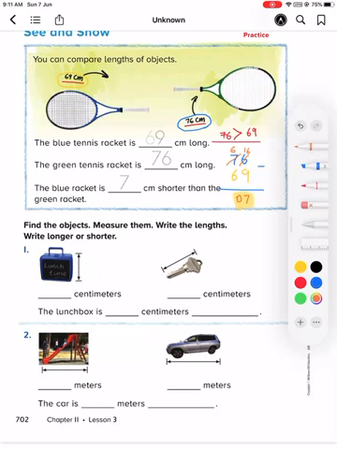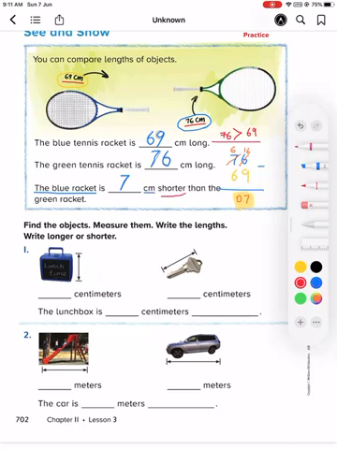That means the blue tennis racket is 69, as you can see, and the green tennis racket is 76. The blue racket is 7 centimeters shorter.